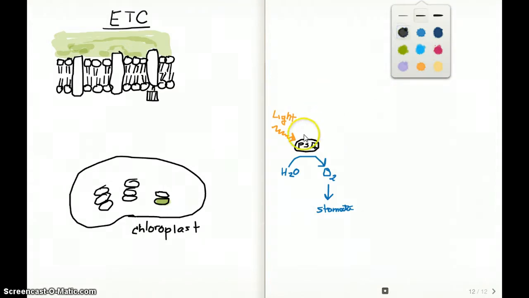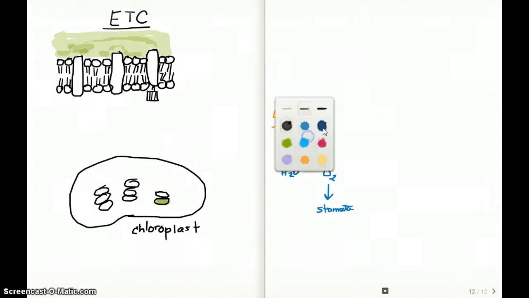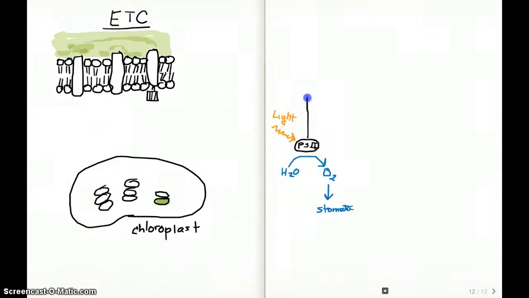So once that chlorophyll molecule gets excited, the electrons jump up, and they're all nice and high and excited, and then they go travel down this electron transport chain. And eventually, they kind of land in photosystem 1. So let's take this opportunity to talk about what happens as they go through here.